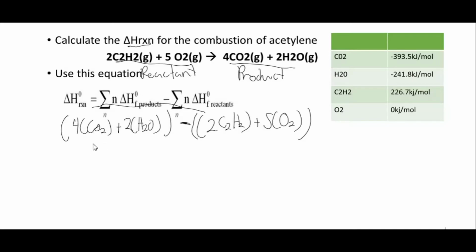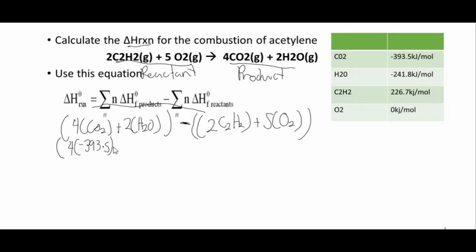Alright, now that we have set up the equation, we need to substitute the values from this table. This is the standard enthalpy of formation. So let's substitute. What's the value of carbon dioxide? It's negative 393.5.